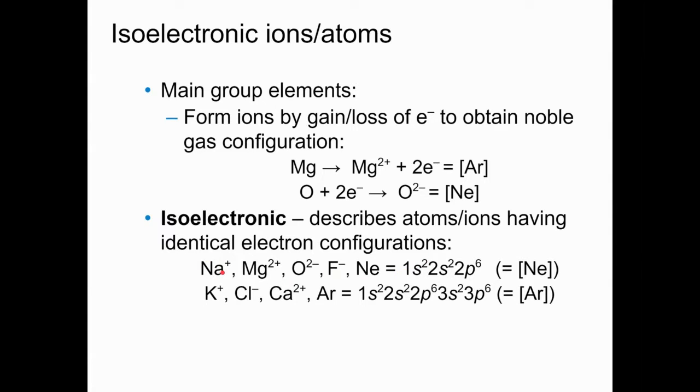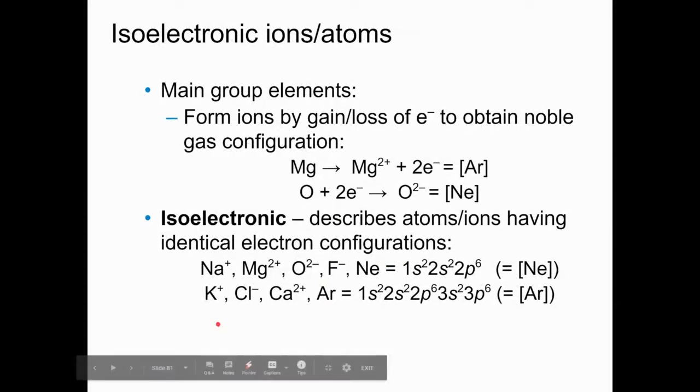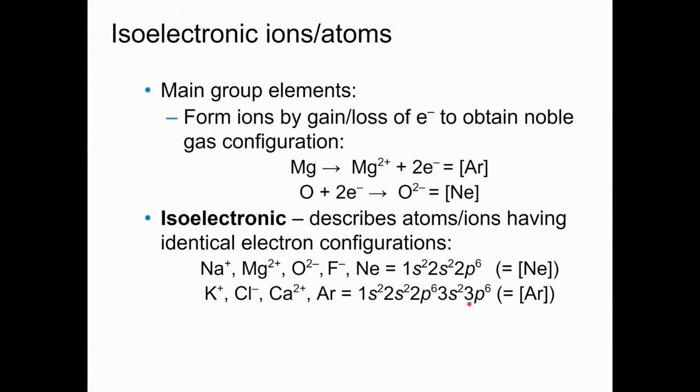So all of these, sodium, magnesium, oxide, fluoride, and neon, all have the exact same electron configuration. Potassium, chloride, calcium, argon, all have the same electron configuration. So everybody's trying to achieve that complete valence shell.